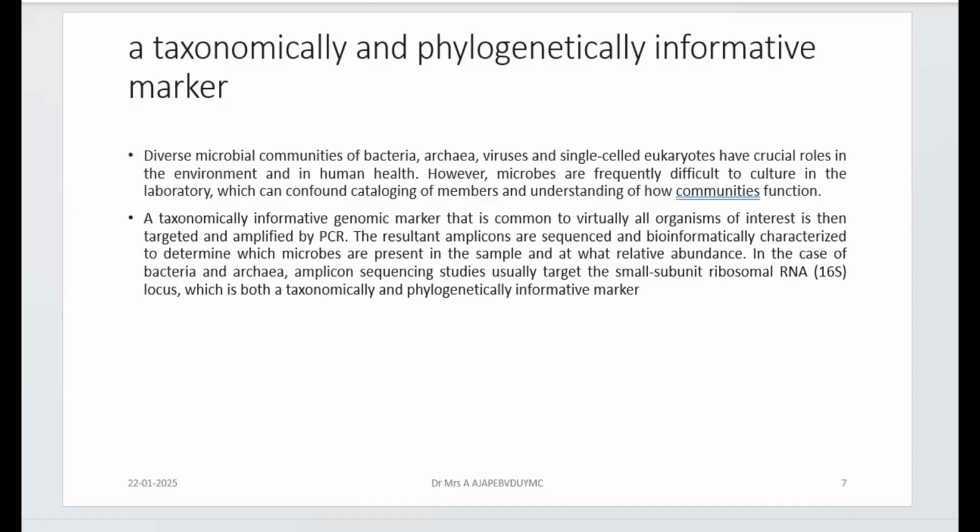When the metagenomic approach comes into the picture, then 16S rRNA alone is not going to be enough, right? The 16S rRNA locus is a taxonomically and phylogenetically important marker, I understand, but at the same time, how these microbes interact with each other, and the fundamental role of each organism in a given community, is to be understood.